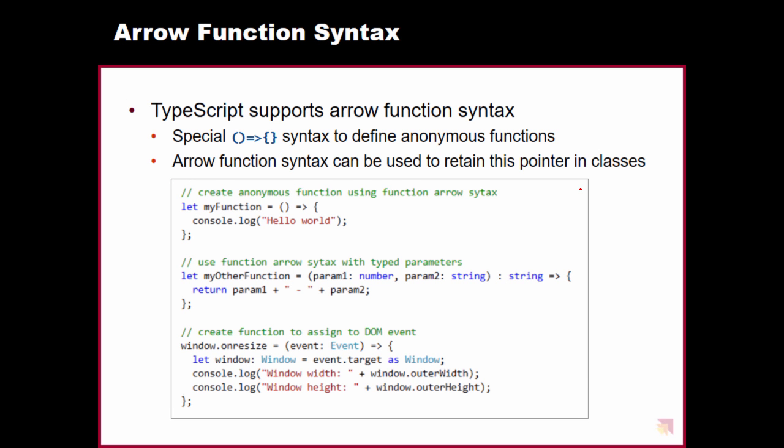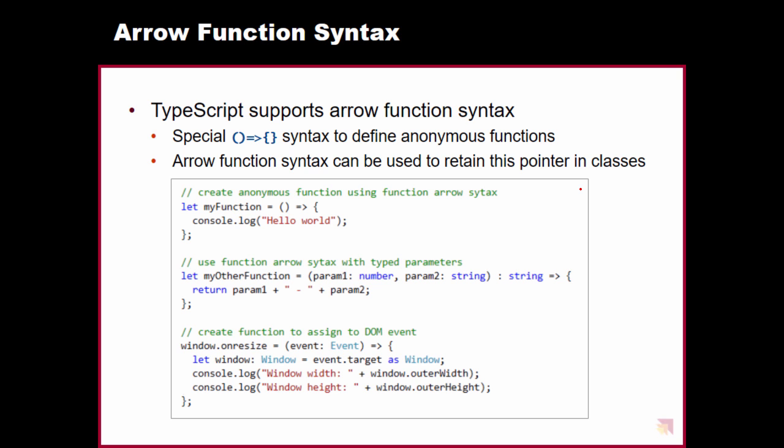Now, another big part of coming of age as a TypeScript programmer is learning how to use arrow function syntax. The short story is that this syntax is used to create anonymous functions that you can assign to things like event handlers. And so what we do is we use the parentheses to add the parameter list.